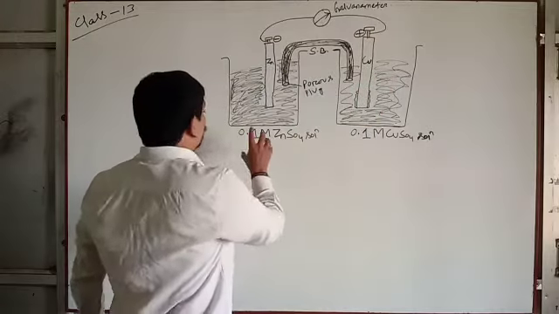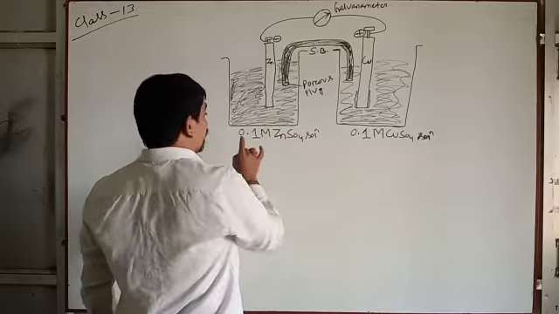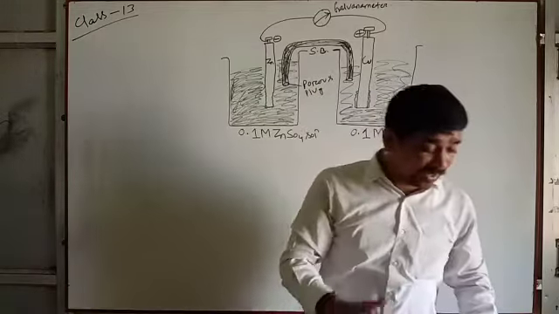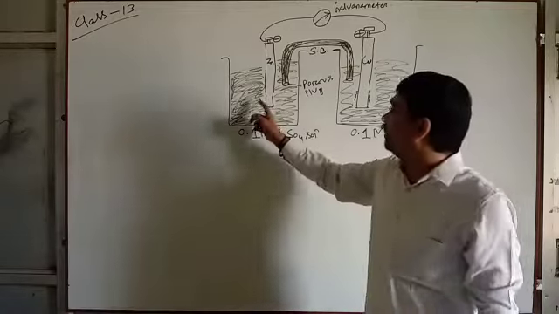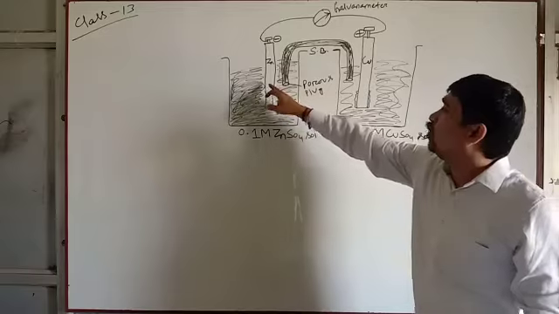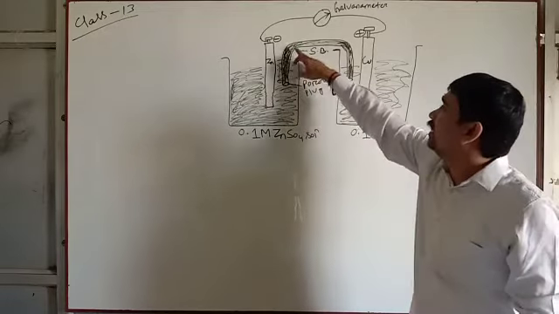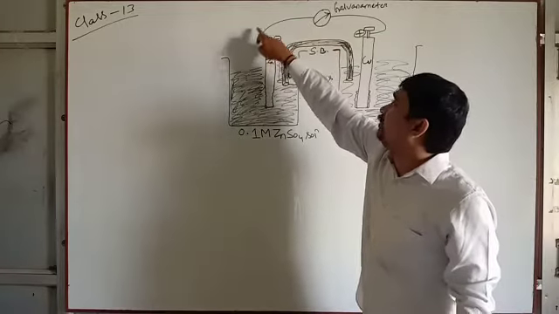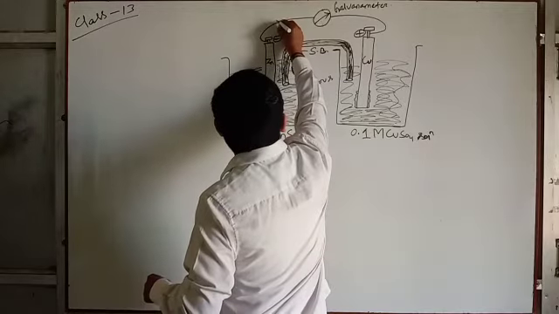So construction of galvanic cell: the apparatus consists of 2 beakers, 2 electrodes, zinc electrode and copper electrode, and an inverted U-shaped tube, the salt bridge, and a galvanometer. This wire is called insulated copper wire.